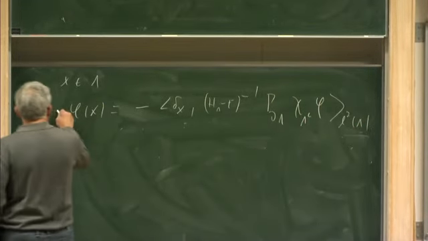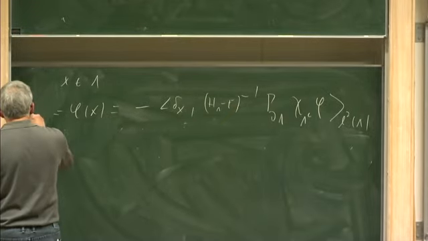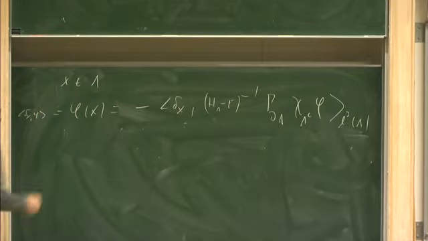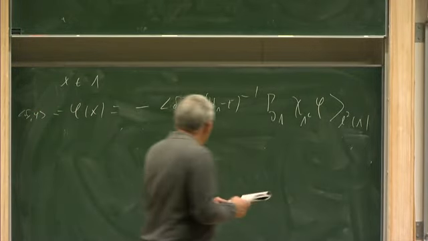Remember that to calculate something at x, I just take its inner product with a delta function at x. Things are easier on the lattice. Okay?